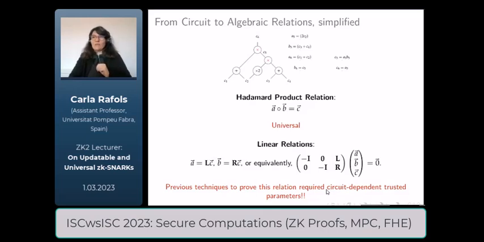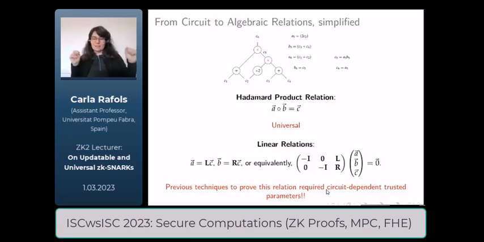Well, yes, but I think it's also important to stress that in the SRS, you will add things that depend on the circuit, because you need to pre-process the circuit. What happens if you don't add anything in your SRS that depends on the topology of the circuit? This means somehow the verifier cannot be constant size.